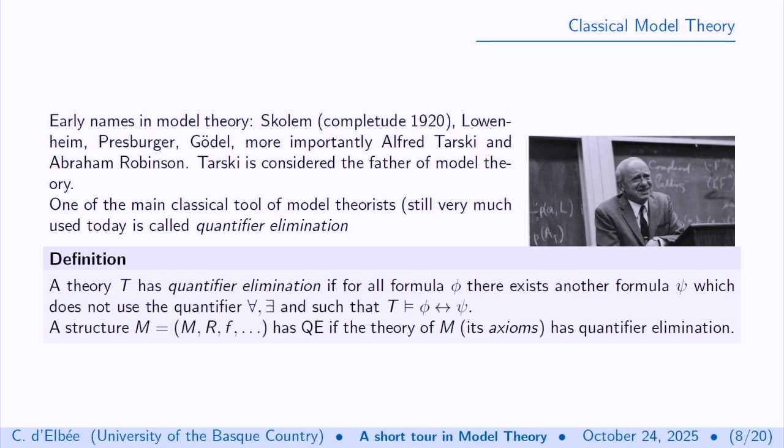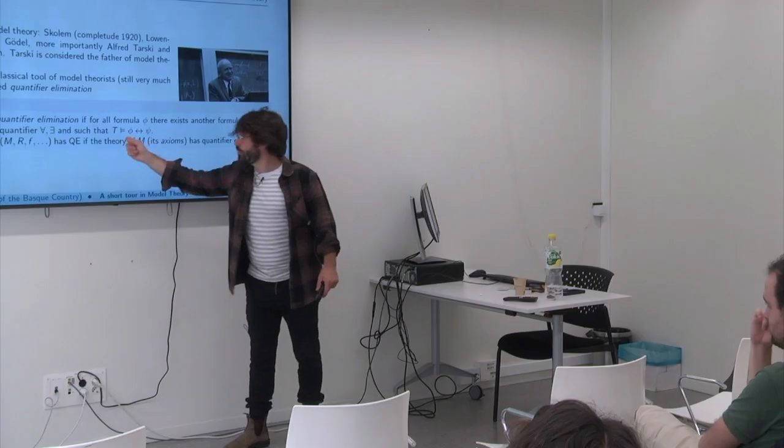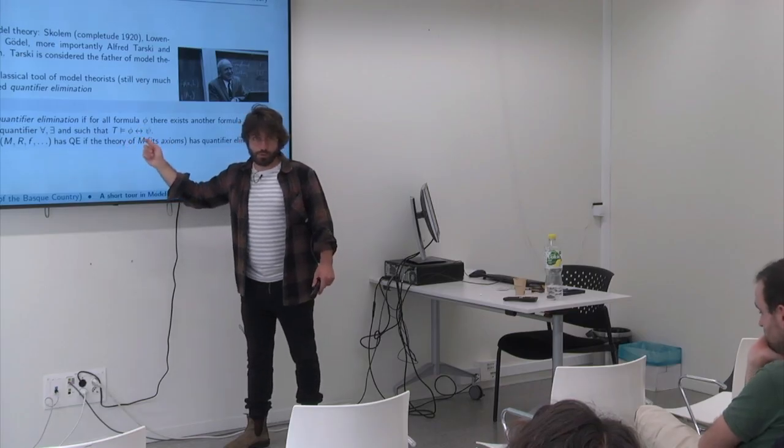So let's go through the definition together. A theory has quantifier elimination if for every formula phi, there exists another formula psi which does not use any quantifiers, and such that the theory proves that those two formulas are equivalent.